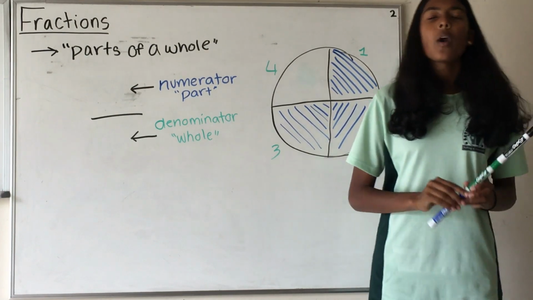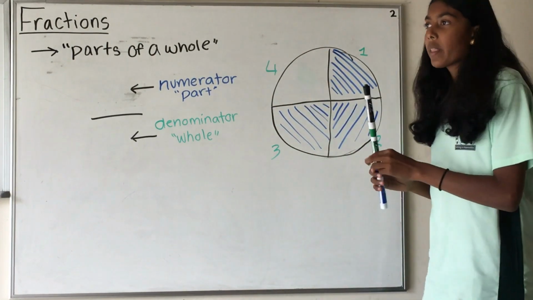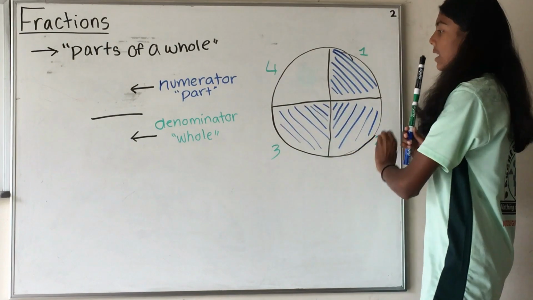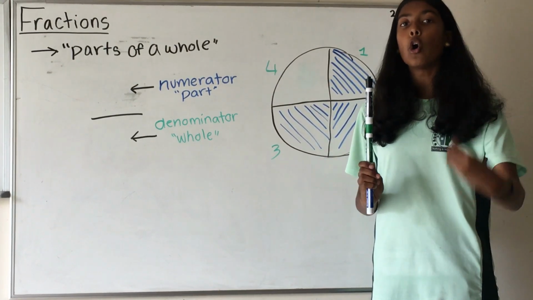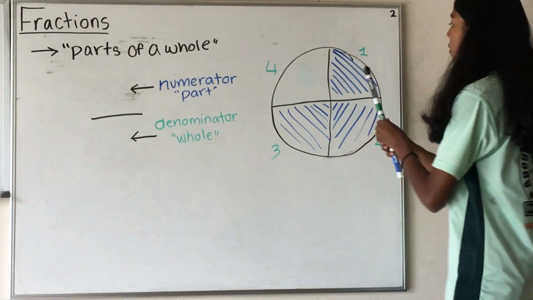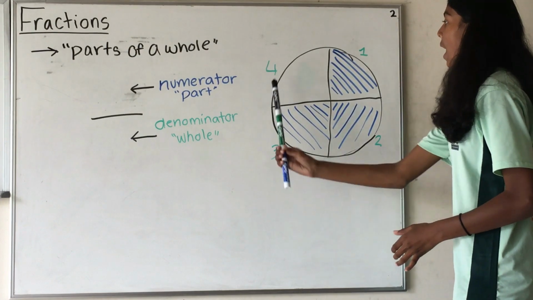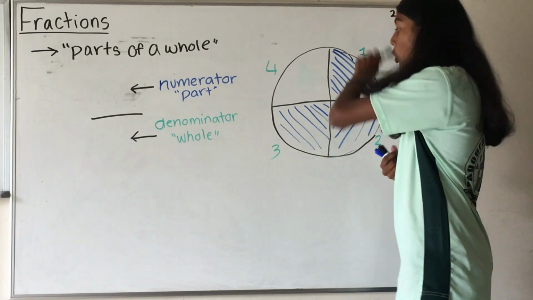And he's wondering, what fraction of this pizza did I eat? Well, here's how you do it. First, let's count how many slices there are in total. That's going to be our denominator, or the whole part of the fraction. So count with me. There's 1, 2, 3, and 4. There's 4 pieces in this whole pizza.